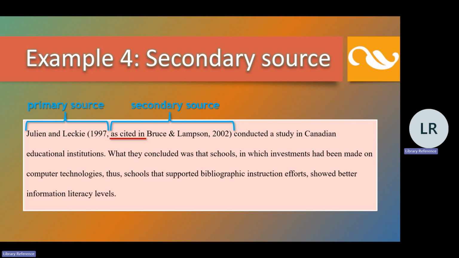We just read Bruce and Lamson. If you need to cite a source in this way, remember that in the bibliography, you will only need to list the secondary source, the source that you actually read, the source that you actually have in your hands.